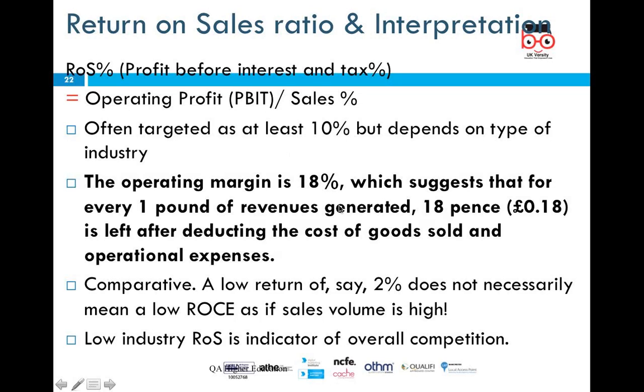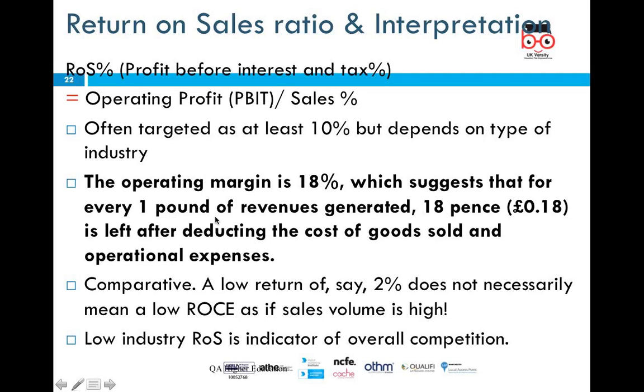So for example, if your net operating profit is 18%, that means when every £1 of revenue is generated, 18 pence is left after deducting the cost of goods sold and the operational expenses. So you have a remaining amount from £1.